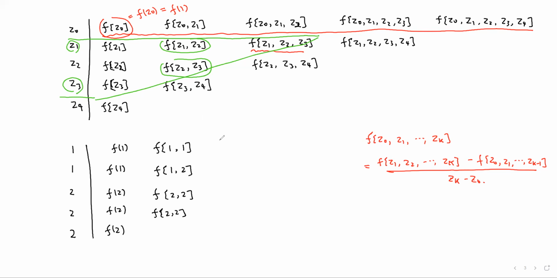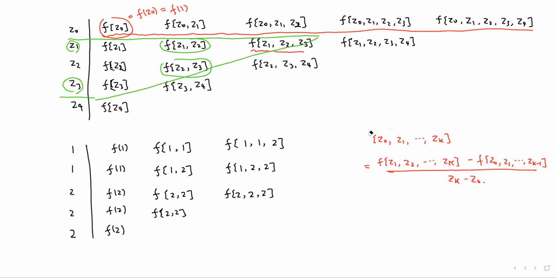Now here, 1, 1, 2. And this is 1, 2, 2. And this entry is 2, 2, 2.